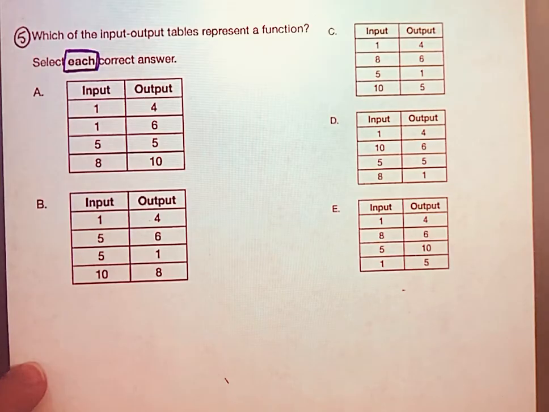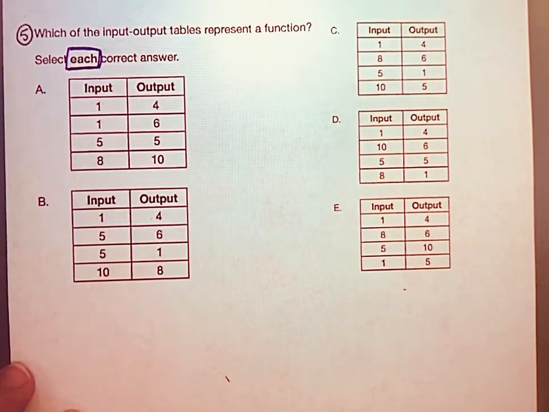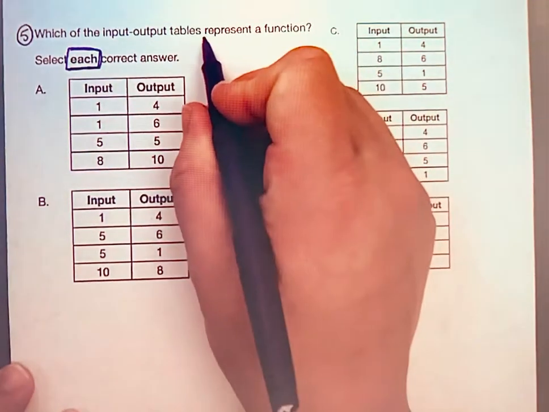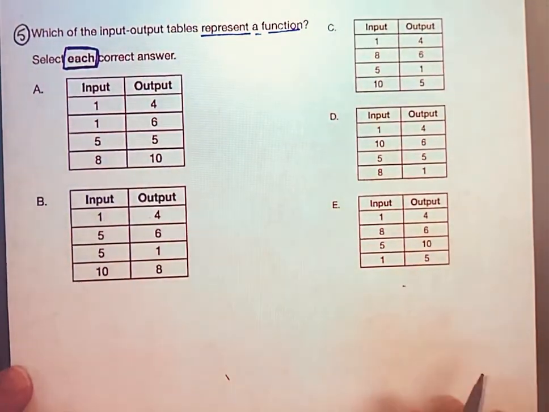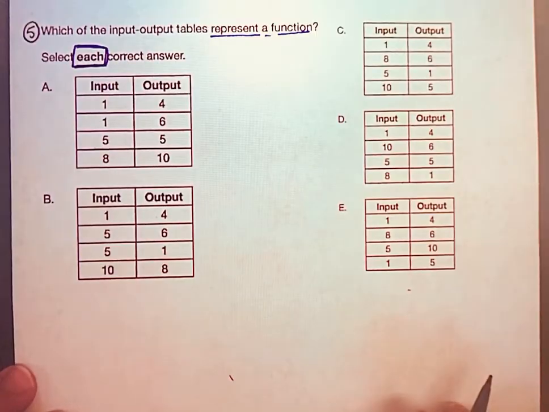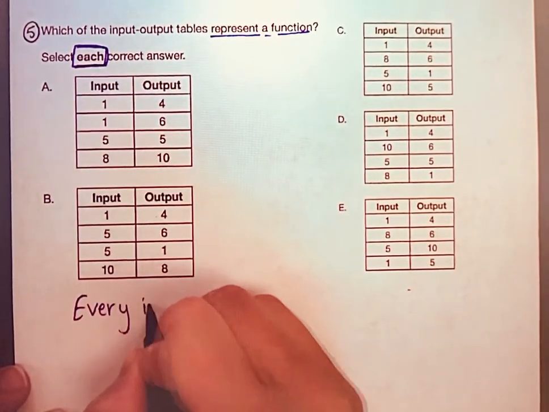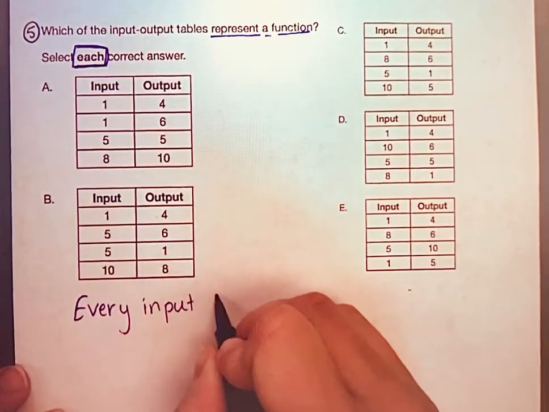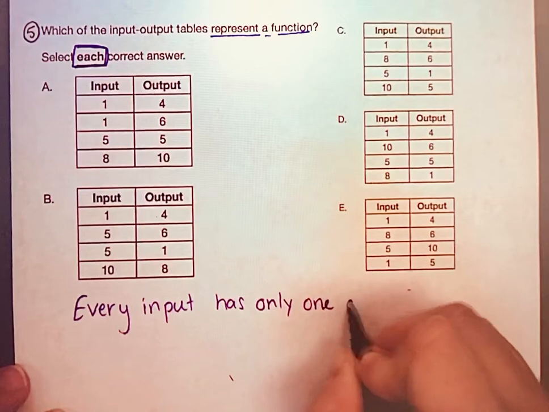That is correct. Input and output. We talked about this at the very beginning of the year, and there's a rule that makes something represent a function. And that rule is, and we wrote this statement many, many times, every input has only one output.